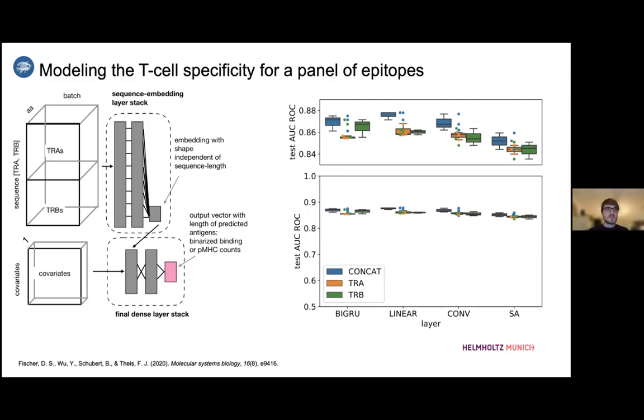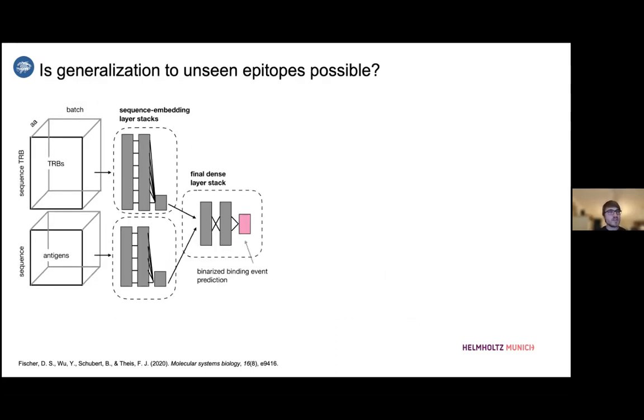We can use this perhaps to stratify patients, for example, for cancer vaccine designs that specifically target an individual epitope, but we cannot do any kind of generalized predictions with this architecture. So the next question, of course, is, with this influx of data, can we generalize to unseen T-cell receptor and epitope pairs?